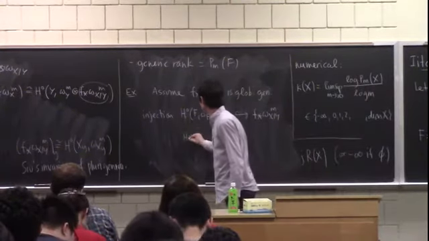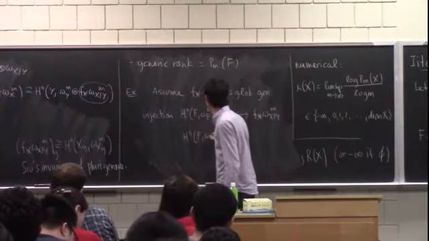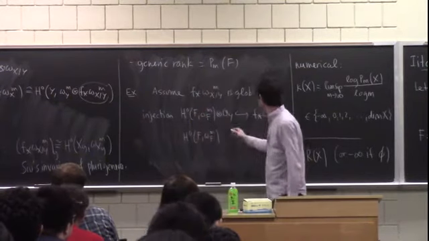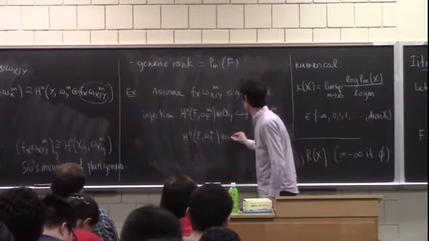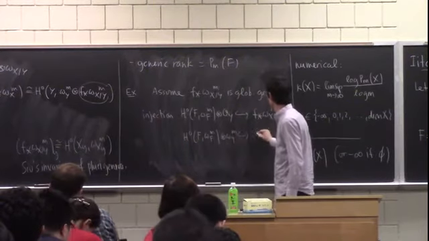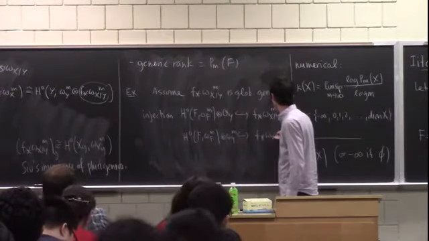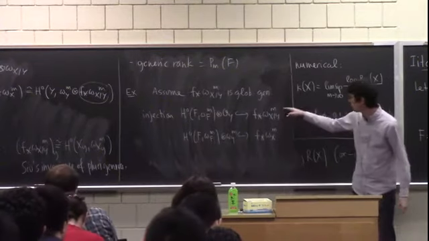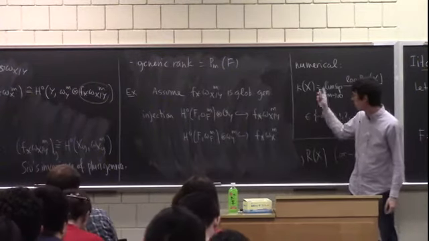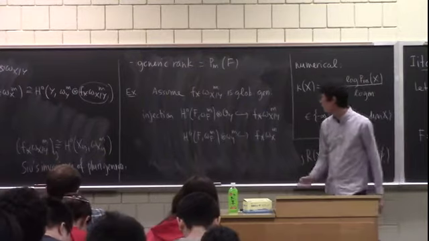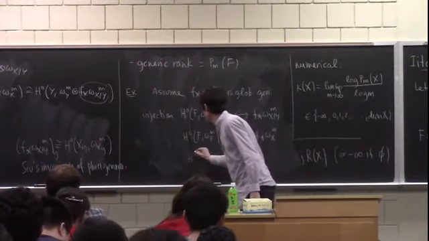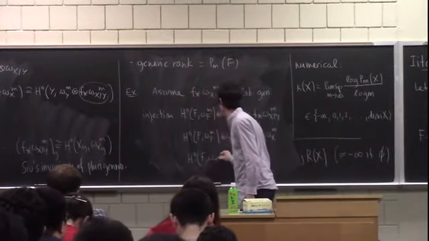Then tensor by omega Y to the m, and you get an injection like this. I tensor with omega Y here, again using the projection formula. And then if I take global sections, I get this inclusion here.